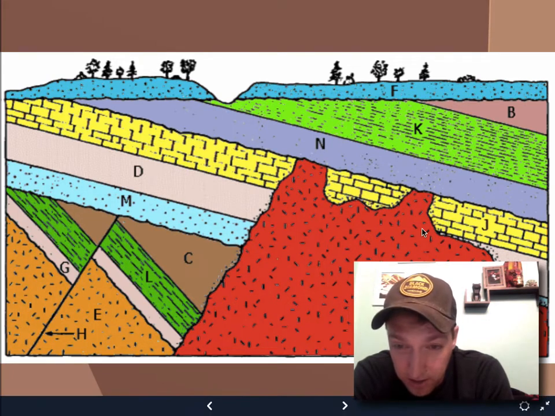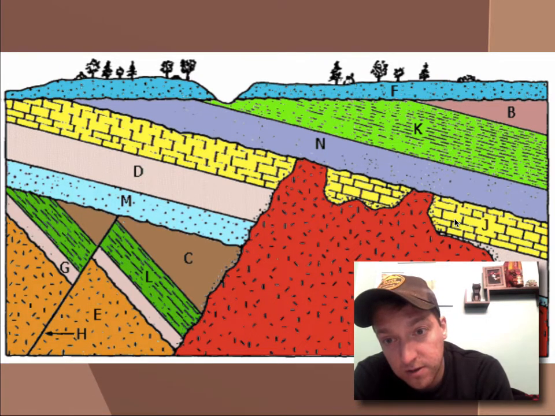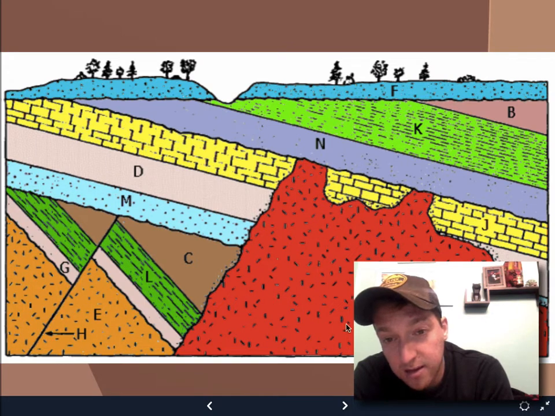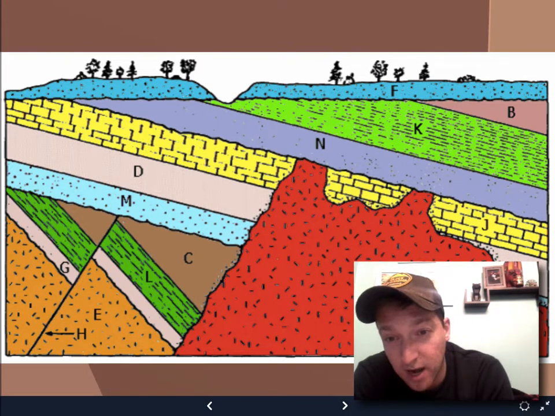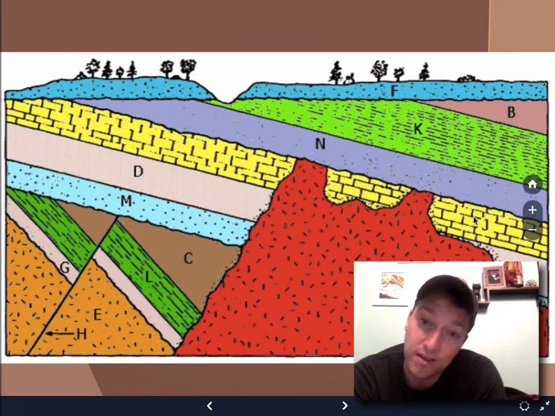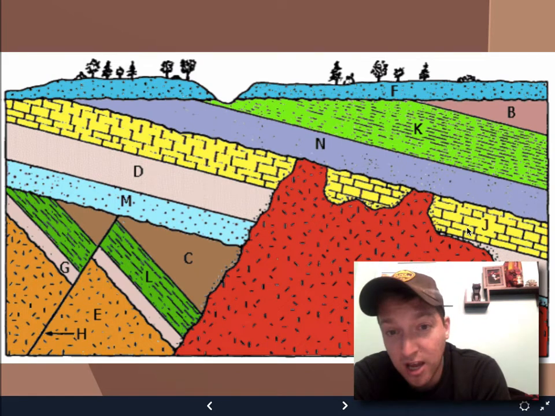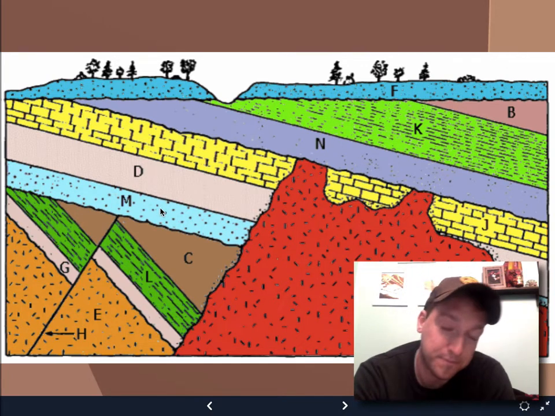If you think about it, J formed first, and then A is magma that came up and then cooled into igneous rock. So actually, A is more recent than J. So after N would be A, then J, then D, then M.